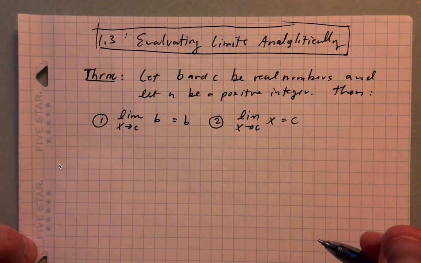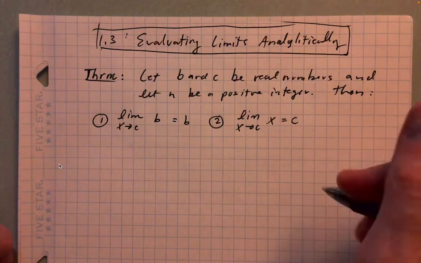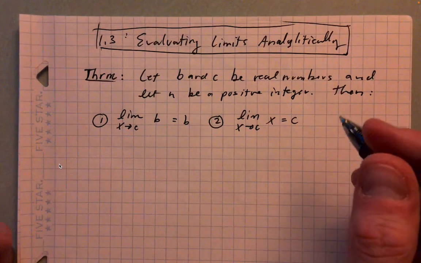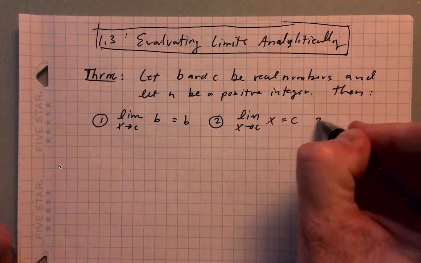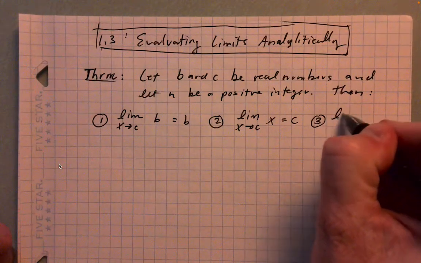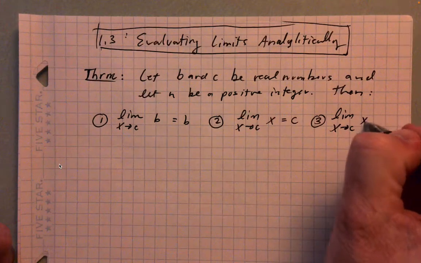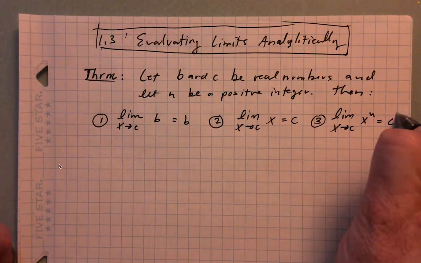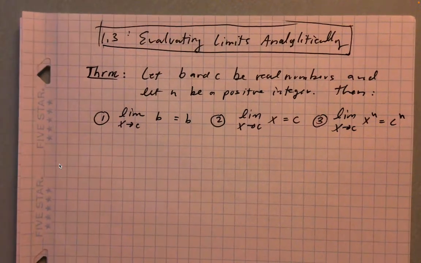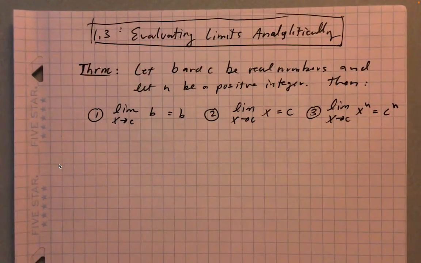So if the function is a simple identity function, then the limit is equal to the value of the limit point. And then 3, the limit as x approaches c of x to the n is just equal to c to the n.